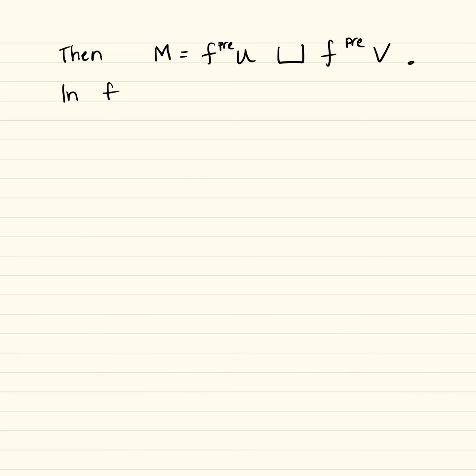In fact, now we've got to prove first that the intersection is empty, right? So we want to show that these sets are disjoint. So let's see here.